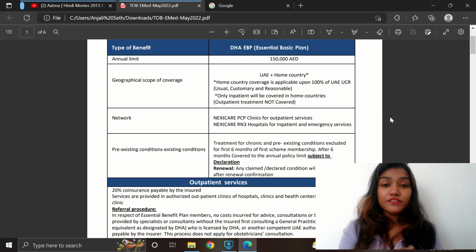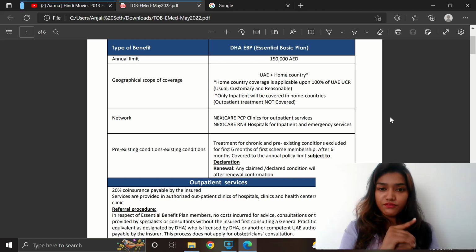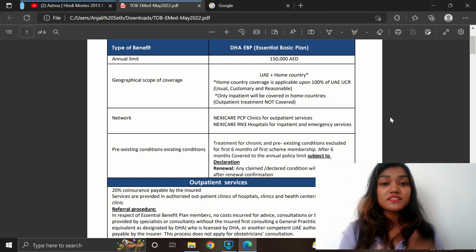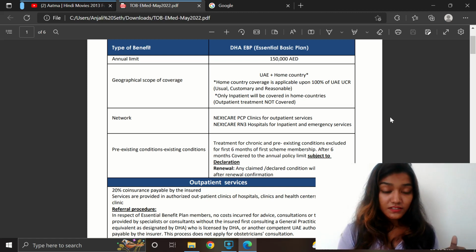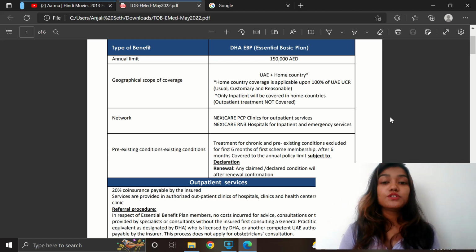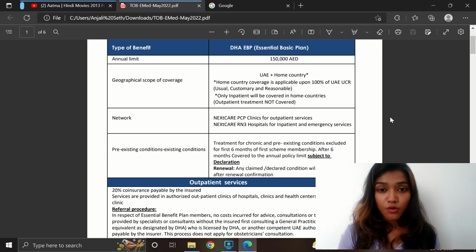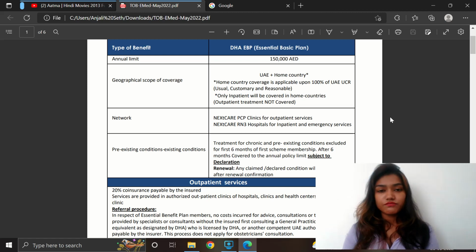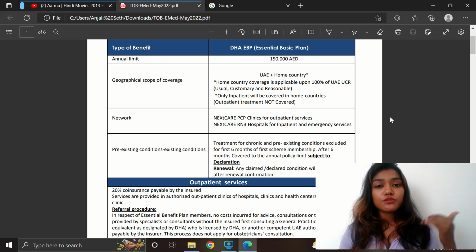So we have the PCP network, you can see, and we have RN3. The PCP network means the list of all clinics, pharmacies, and so on, other than hospitals, right? All the list of these things you are going to get in an Excel sheet, so that when you want to go for a consultation or a diagnostic center, you can simply see that list and go to the nearest clinic or consultation center.